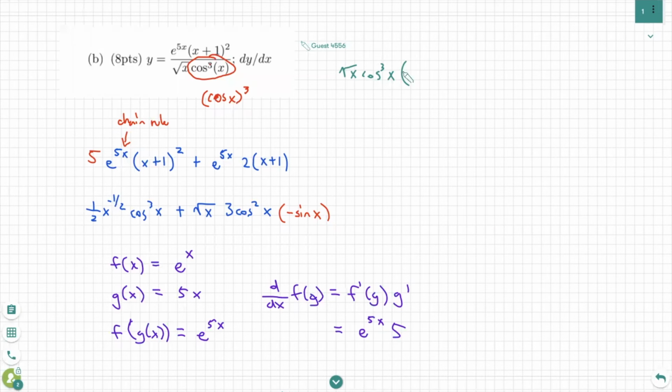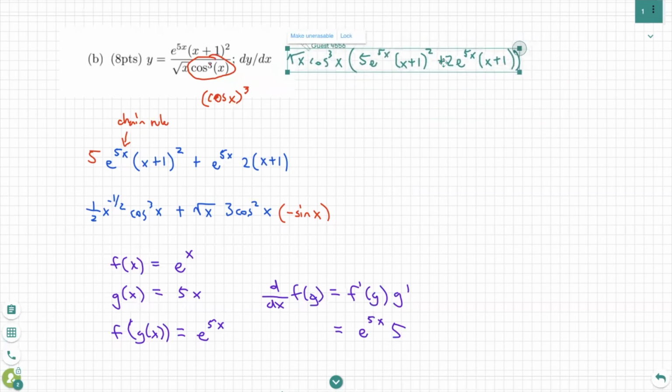So going back to our derivative, it's 5e to the 5x times x plus 1 squared plus e to the 5x times 2 times x plus 1. Minus, so I guess all that in parentheses, minus e to the 5x times x plus 1 squared.